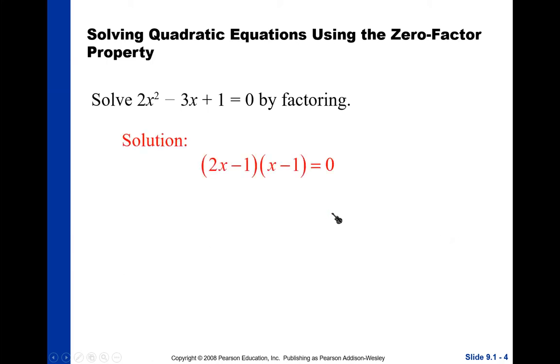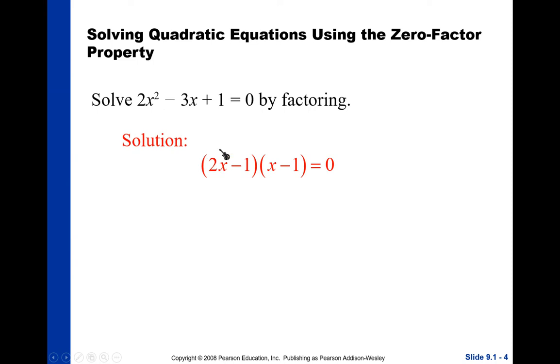Unang step, syempre, i-factor out muna natin yung laman ng equation. So, (2x minus 1)(x minus 1) is equal to 0. Paano po nangyari yan? Simple lang. Di ba po? 2x squared. Ano yung factors niya? Di ba po? So, we need to factor out squared. So, paghiwalay natin yan. So, kunin natin si 2, then si x.